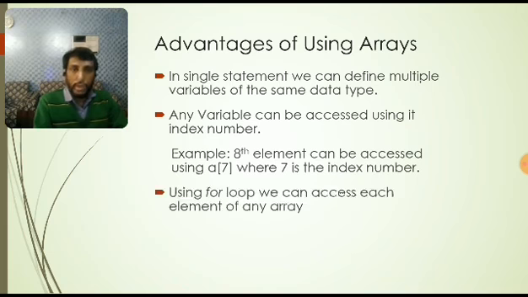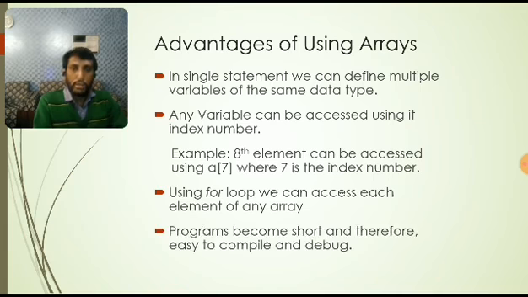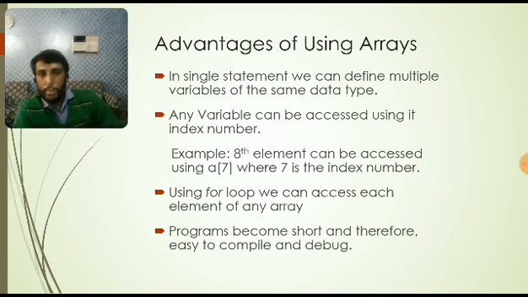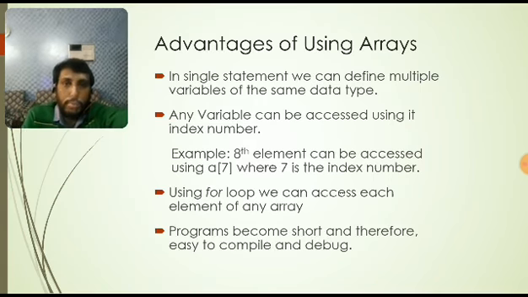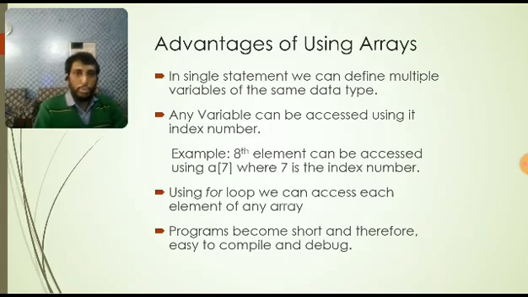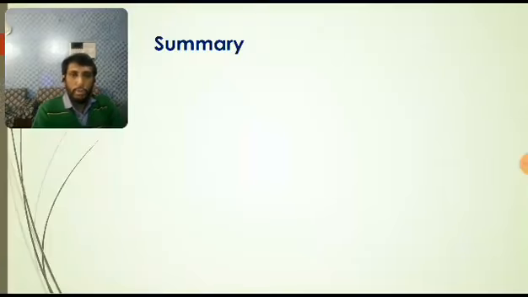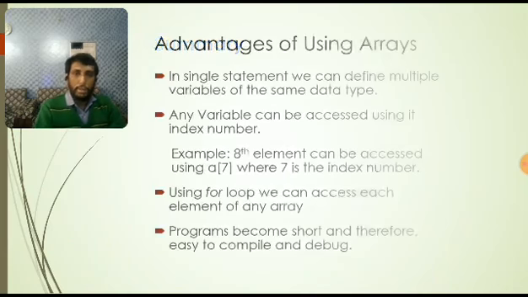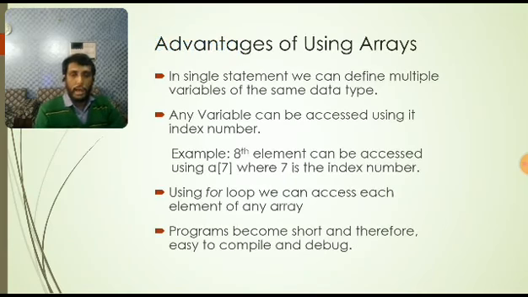Using a for loop we can access each element of an array. So the for loop helps us go through all the data kept inside the array. Programs become short, and therefore easy to write and easy to debug. So these are the benefits of using arrays.